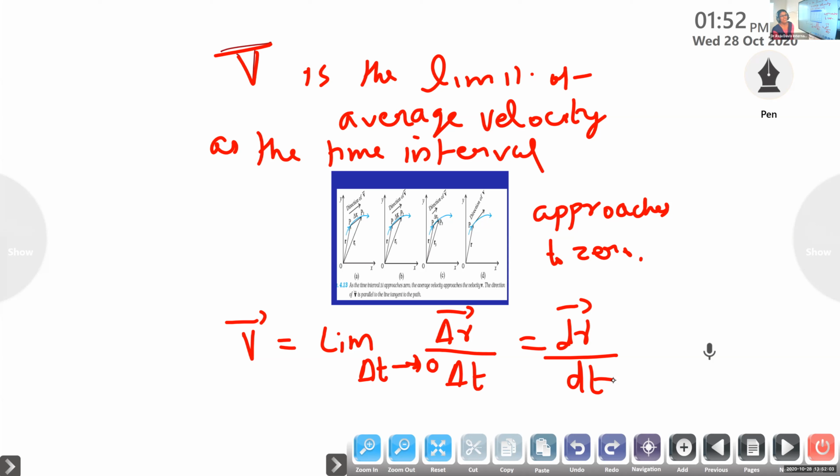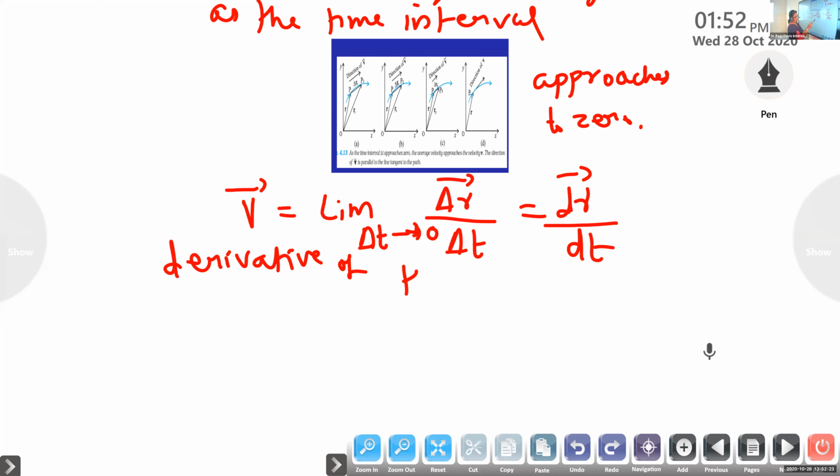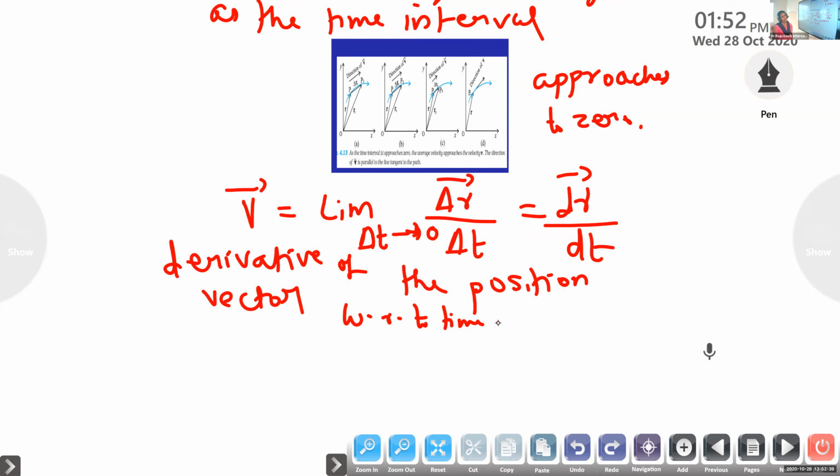That means you can define it another way: it is the derivative of the position vector with respect to time.